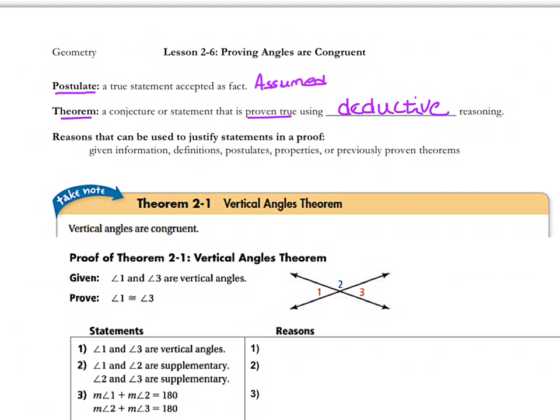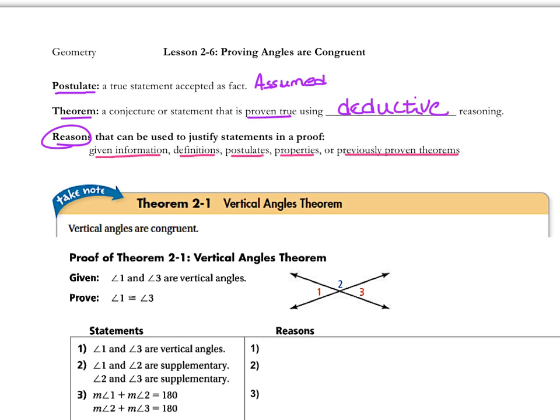Okay, so I kind of talked to you about this in the last lesson, but things that you're allowed to use when you're doing proofs. You can use the given information, you can use definitions, you can use postulates, properties, or other theorems that you've already learned, which you don't know a lot of theorems yet, but as we go through you'll learn more.